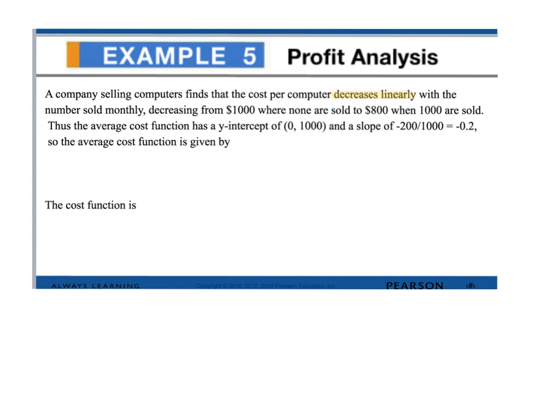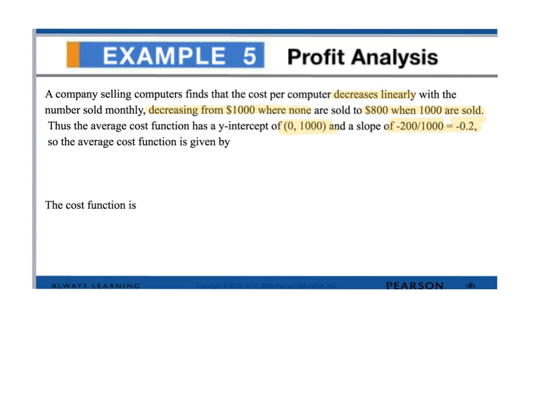And it decreases from $1,000 where you sell none to $800 when you sell 1,000. So the average cost function has a y-intercept of (0, 1,000), and it has a slope of negative 200 over 1,000, or negative 0.2.